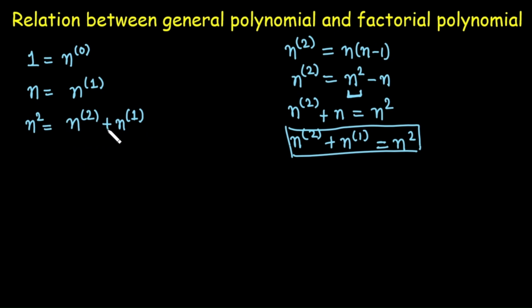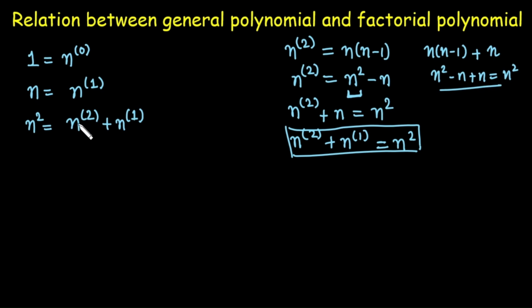We can also verify how this is equal to n square. As per this, n raised to power 2 factorial is equal to n into n minus 1 plus n raised to power 1 factorial polynomial, which means simply n. This is equal to n square minus n plus n, and that is equal to n square.